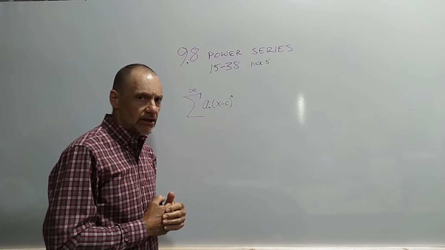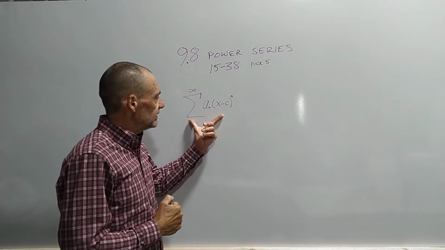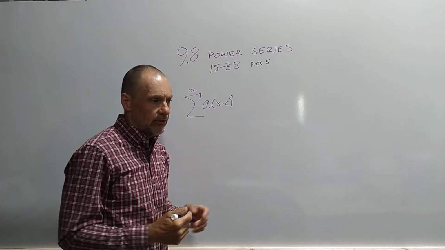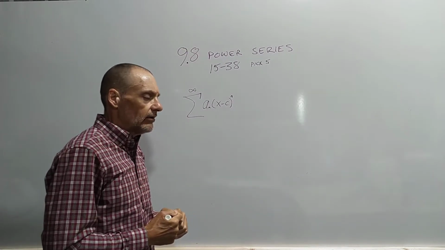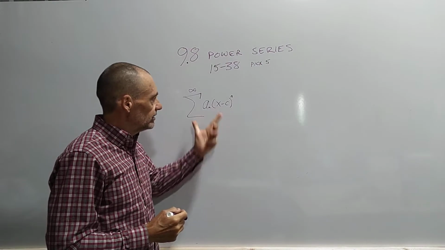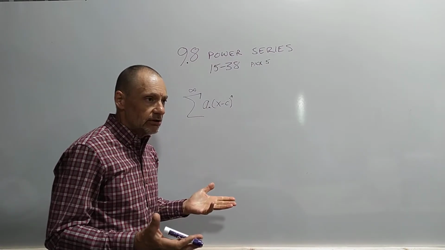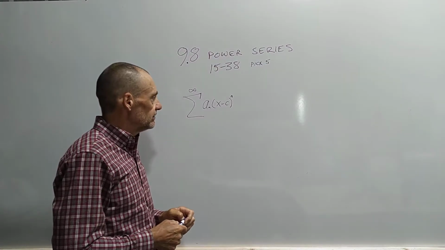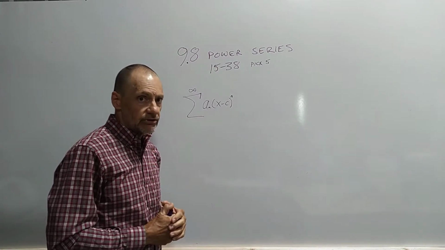Be sure and read this section through, but basically, you can see that if you write this thing out, you're going to end up with a polynomial. Now, this polynomial is going to converge under certain conditions, for certain values of x, and it'll possibly diverge for others.